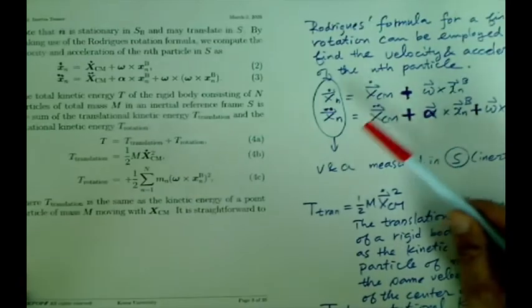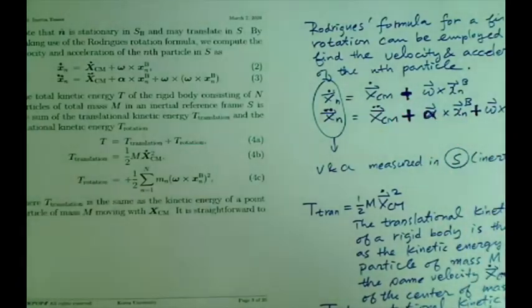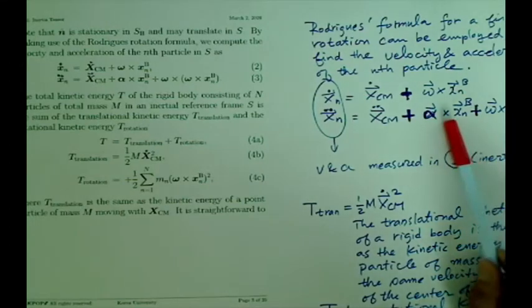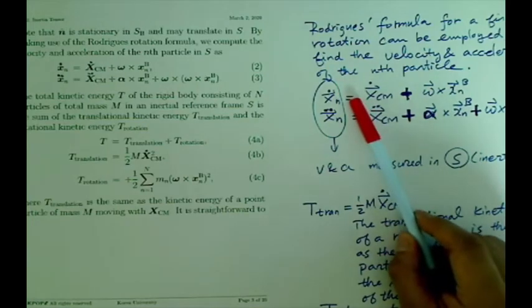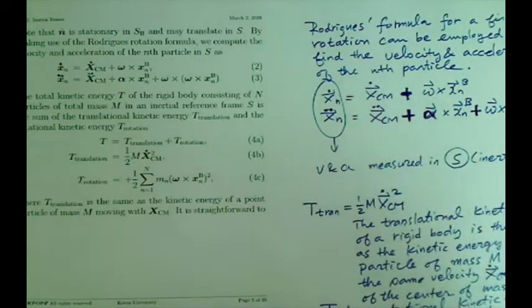By making use of this notation for the velocity of the nth particle in a rigid body, we can compute the total kinetic energy by squaring this and multiplying by the mass of that particle, summed over the index small n running from 1 to capital N, where capital N is the number of particles constituting the rigid body.